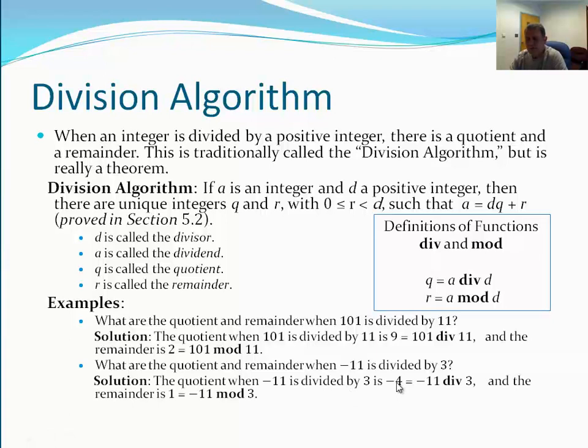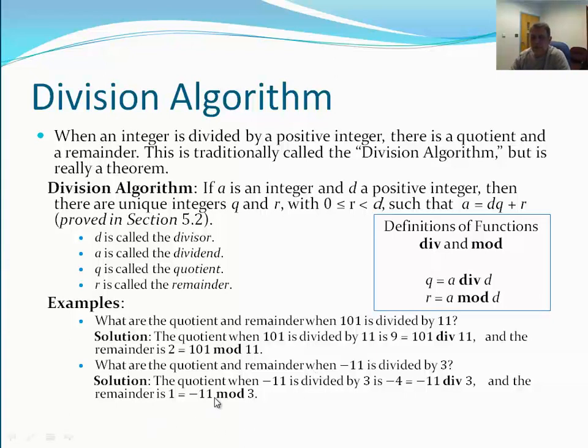It would be minus 4. The reason is, minus 11 divided by 3, we say it is minus 4, and then the remainder is plus 1. That solves my issue.